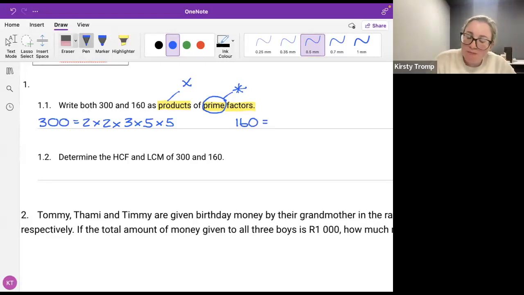Like 2 into 160, you get your answer, and you divide your answer by 2, you get your answer again, and you continue until you reach 5. And 5 into 160 gives 1. Good. So you got 2 times 2 times 2 times 2 times 2 times 5. Was that what you got?